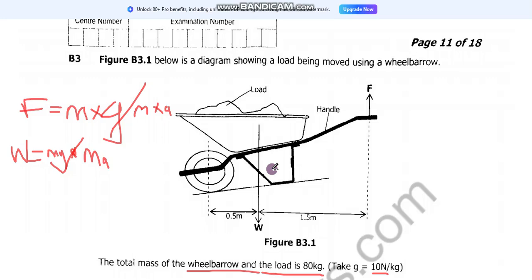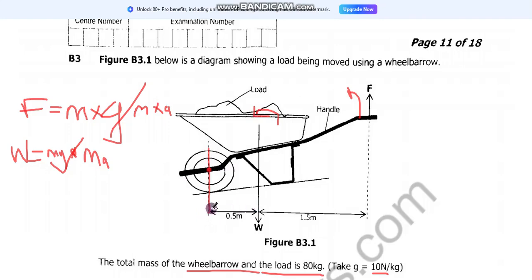So this can be our pivot, because when somebody lifts this handle here, that simply means that the wheelbarrow will turn anti-clockwise. So where it will turn from is right here. So this is our pivot.